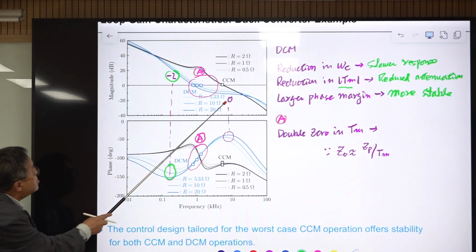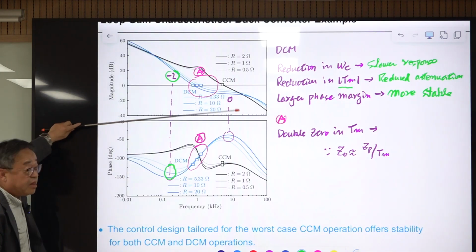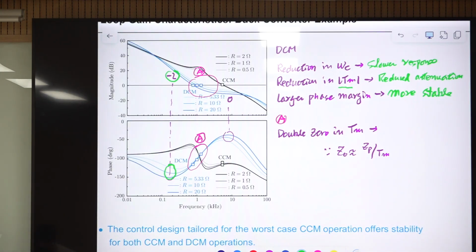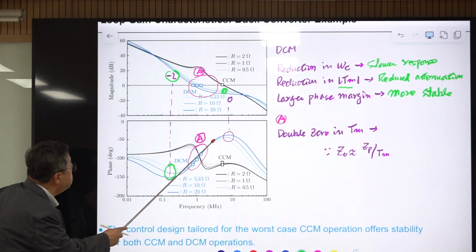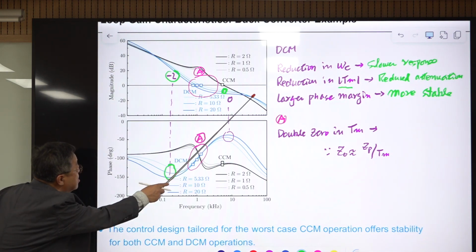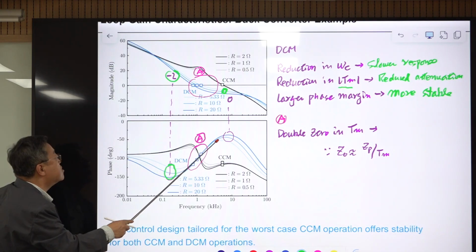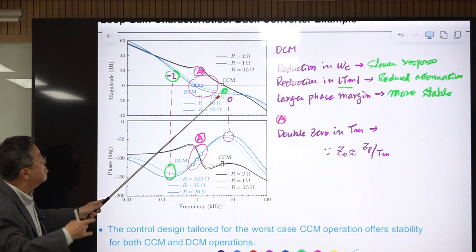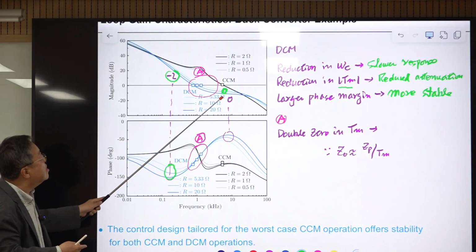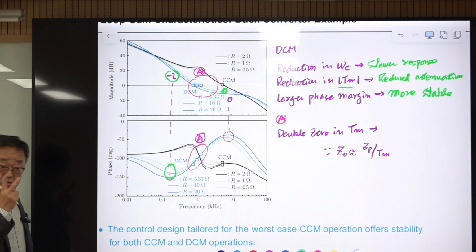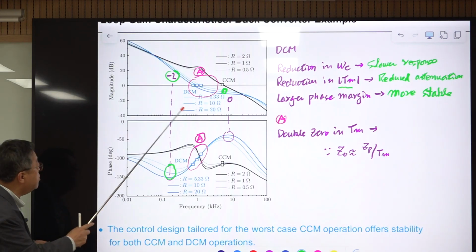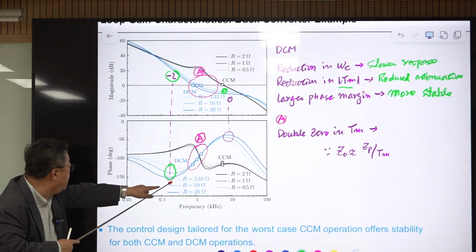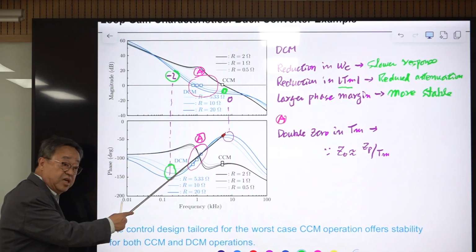And this area is flat. The slope becomes 0, and the phase will climb up to 0 degrees if nothing is here, but there is some pole. So it is something like this, right? There is an increase in magnitude slope by 2, and here the phase is increased around 180 degrees.